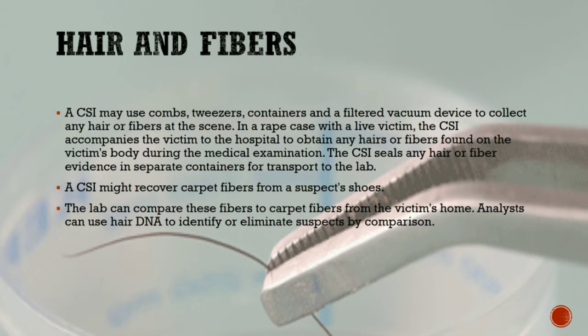The CSI seals any hair or fiber evidence in separate containers for transport to the lab. The CSI might recover carpet fibers from a suspect's shoes. The lab can compare these carpet fibers to those from the victim's house. Analysis of DNA from hair can identify or eliminate a suspect by comparison.